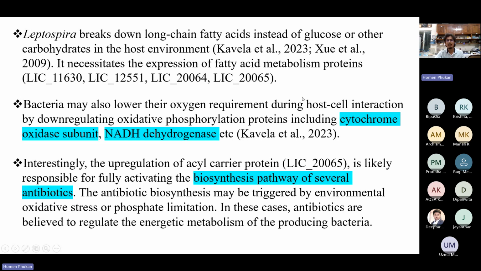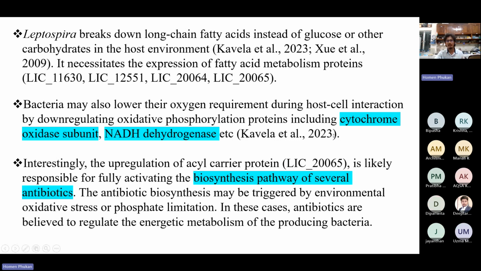Similarly, this bacteria may lower their oxygen requirement during host cell interactions by downregulating oxidative phosphorylation proteins, including cytochrome oxidase subunits, NADH dehydrogenase, and so on. Interestingly, the upregulation of acyl carrier proteins is likely responsible for fully activating the biosynthesis of several antibiotics.